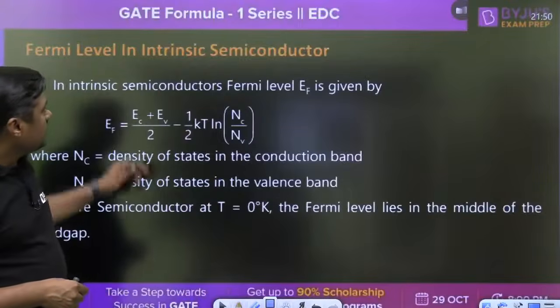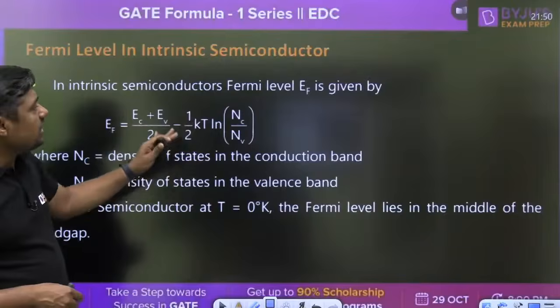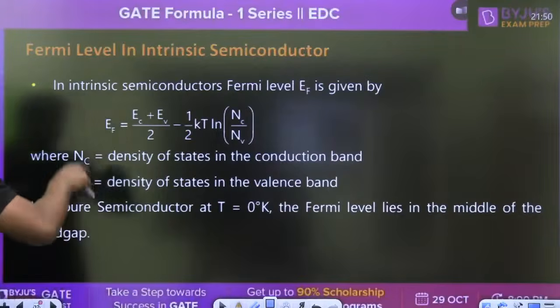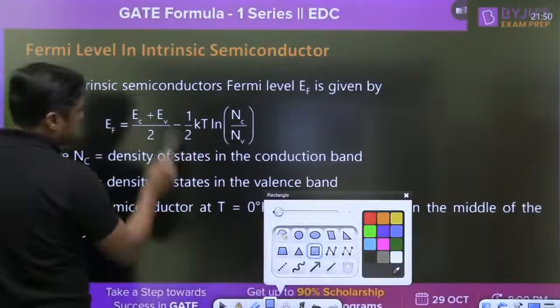Now finally, in intrinsic semiconductor, Fermi level Ef is given by this formula. How can we find this? There was one question on this last year.